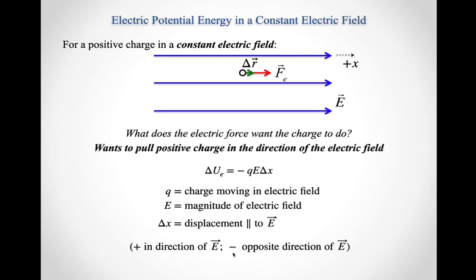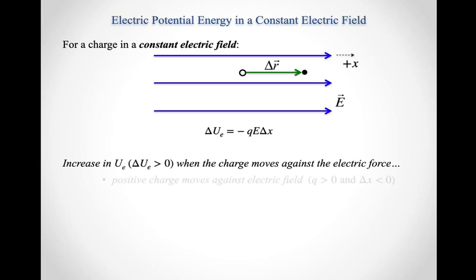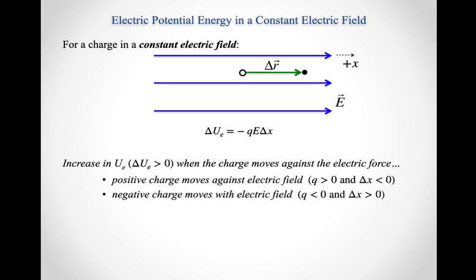So let's check and make sure that all that is consistent with thinking about moving with or against the electric force. So there's my equation. Let's start by thinking about a situation in which we increase the electric potential energy. Obviously there are two ways I can do that. An increase in the electric potential energy means that the left-hand side of my equation has to be positive.